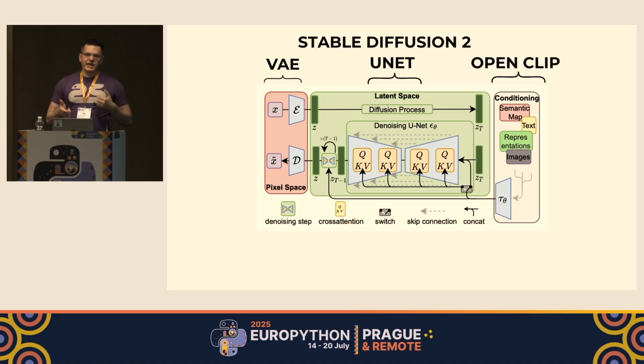It's basically a computational trick, because the UNet, the diffusion process, is very computationally expensive. So if we can take the original image, make it smaller, do the diffusion process, and then reconstruct it, that actually saves a bit of computational time. Then they use OpenCLIP for conditioning, so you can add in text or representation of other images for the in-painting.